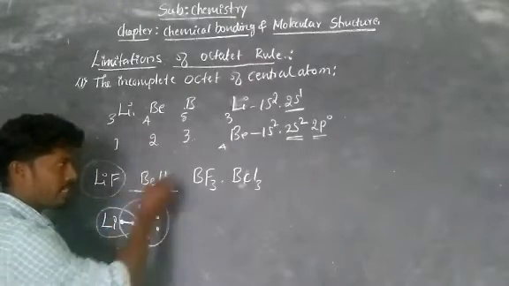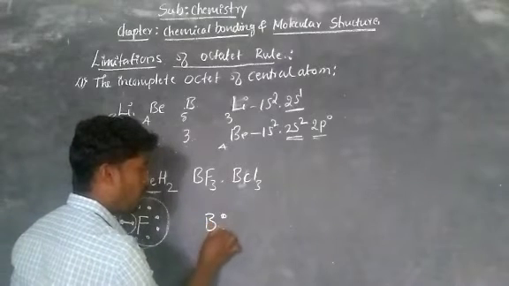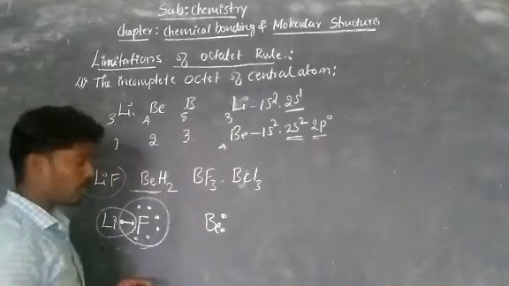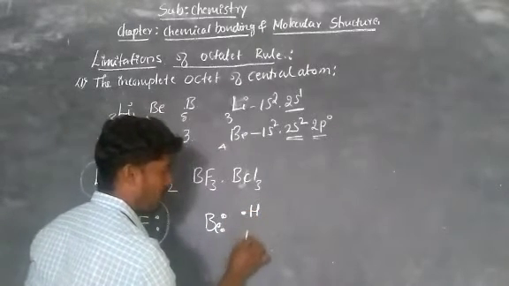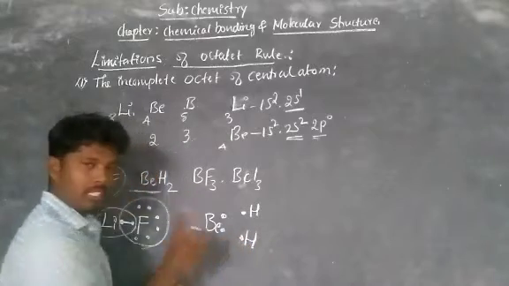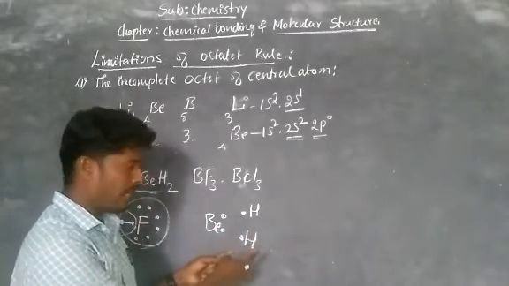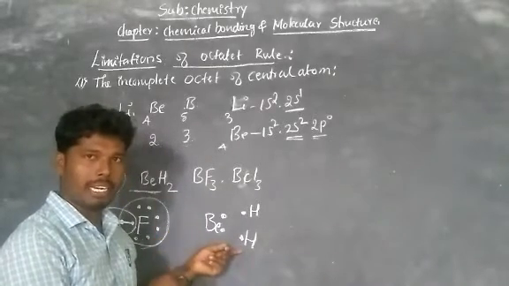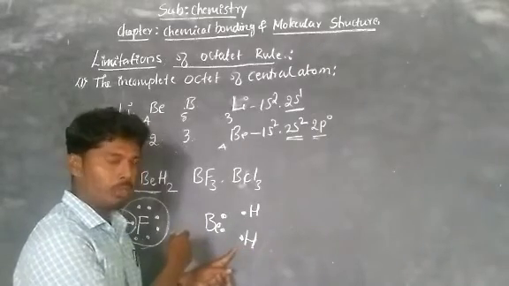In this case, see the structure of beryllium hydride. Beryllium has 2 electrons in its outermost shell. Now hydrogen, its atomic number is 1, so there is only 1 electron. For hydrogen to attain a stable noble gas configuration, it needs one electron. After gaining one electron, it will have the stable helium noble gas configuration.